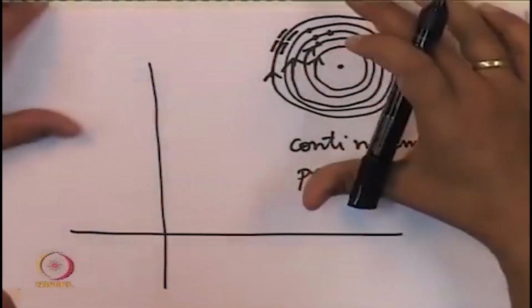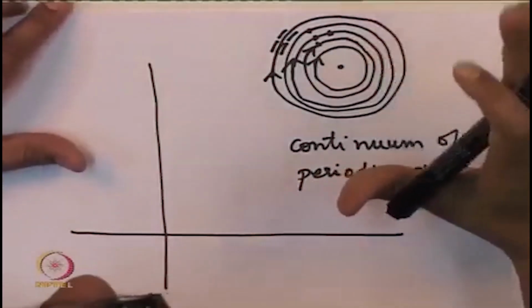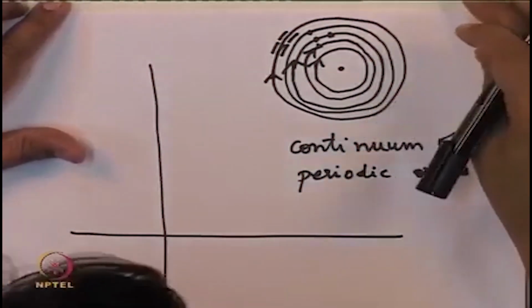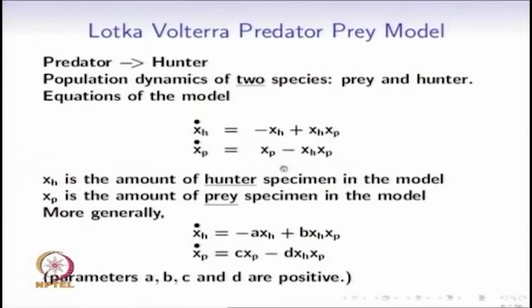So it is a very well known and important fact that for the particular Lotka-Volterra model that we have taken, let us go back here, for this particular Lotka-Volterra predator-prey model, for constants A, B, C, D, we have two equilibrium points, 0, 0 and 1, 1, when you assume A, B, C, D equal to 1.